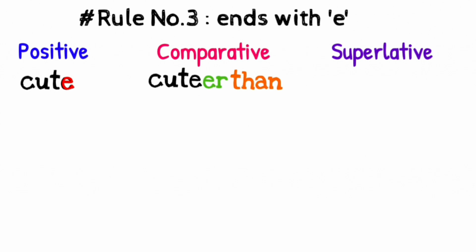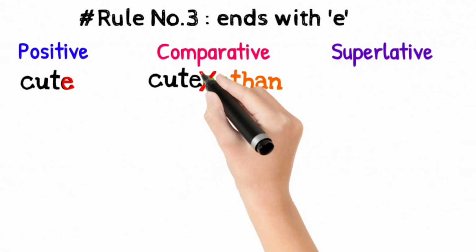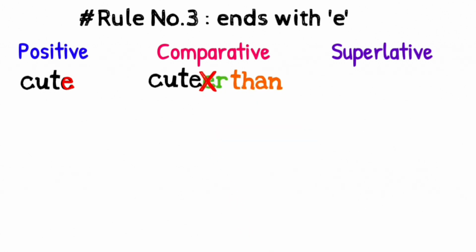However, the word cute already ends with the letter E. So, we do not have to write it one more time. The correct way to write it is by adding the letter R and then the word then. So it becomes cuter than.